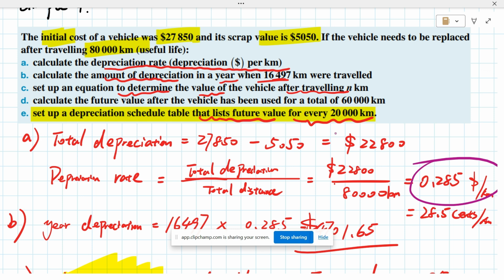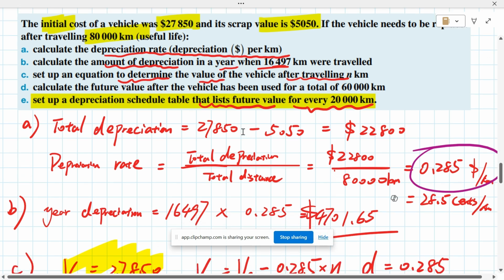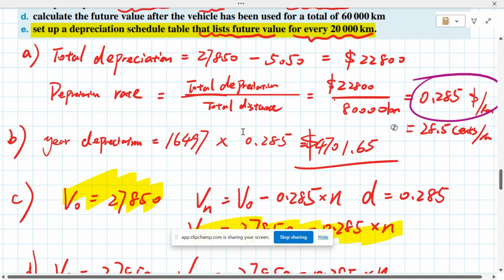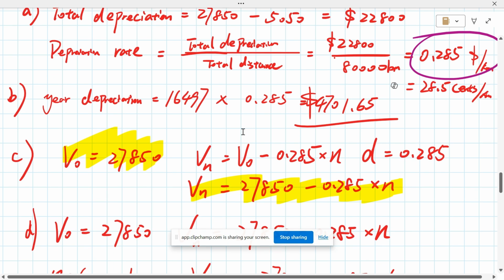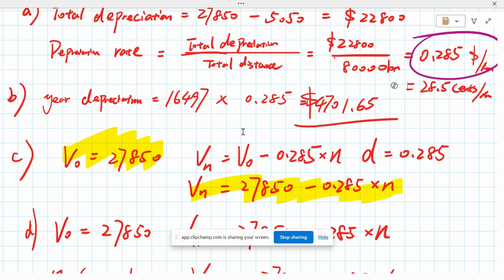And question C is to set up the equation to determine the value of the vehicle after traveling n kilometers. Once you have V0, the initial value is 27,850, minus 0.285 multiplied by n, the number of kilometers, since we don't know the periods.